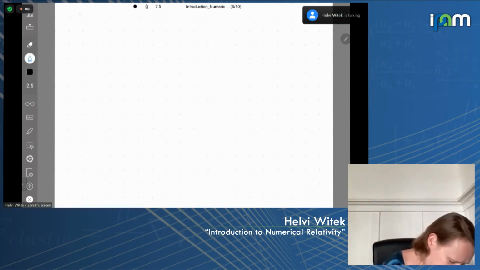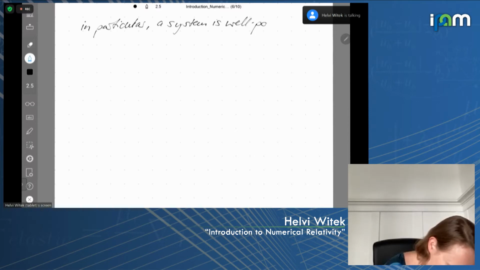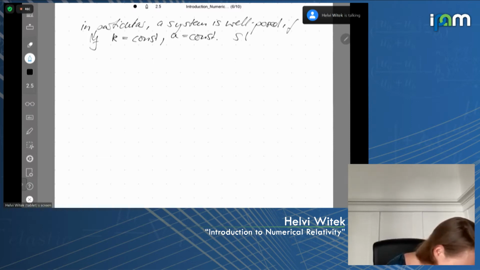So in particular, a system of this form is well posed if we have a constant, let me call this little k, and another constant, let me call that little a, such that for all initial data, we have this bound on the norm of the function at some time during the evolution.